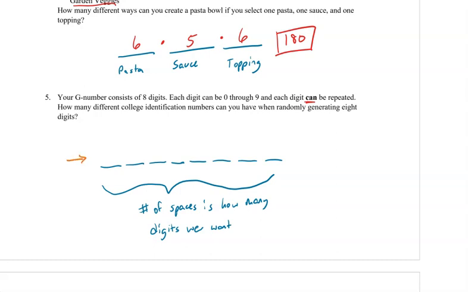The numbers that are going to go up here are the number of possibilities for each digit.